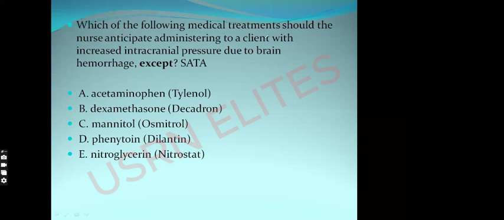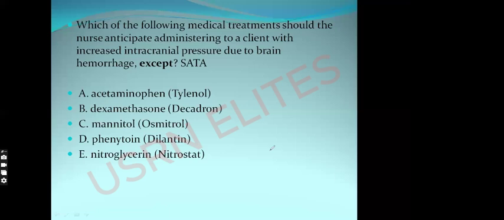Which of the following medical treatments should the nurse anticipate administering to a client with increased intracranial pressure due to brain hemorrhage, except? Before you begin this question, you have to understand what we are selecting. Someone should help us with that. If it's about intracranial pressure due to intracranial hemorrhage, I would have gone for monitor.